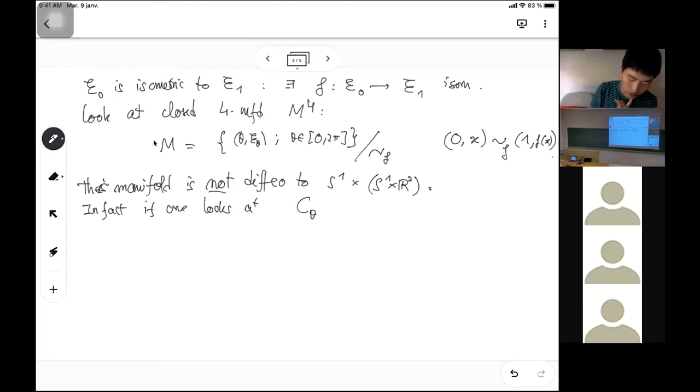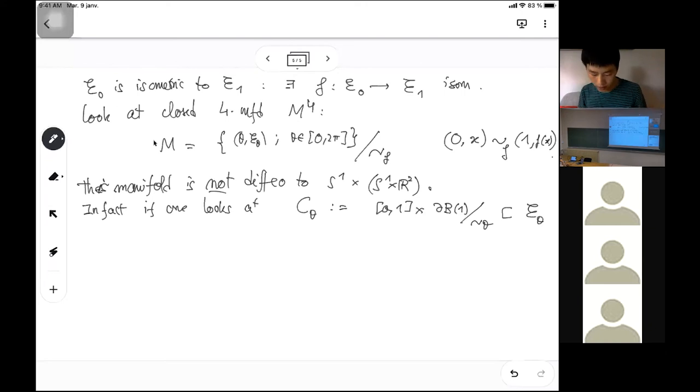So the cylinder C theta is going to be the boundary of the ball of radius 1. So you are in E theta, and basically you take the boundary of a tubular neighborhood of the central S1 fiber.